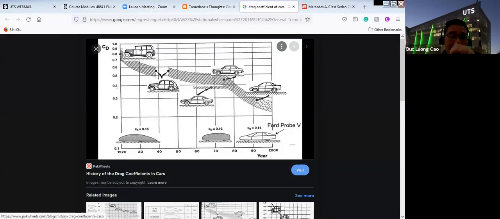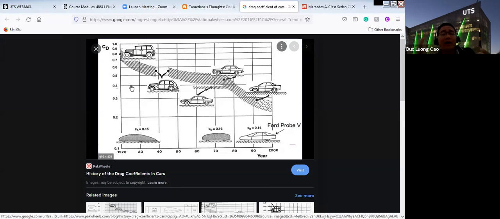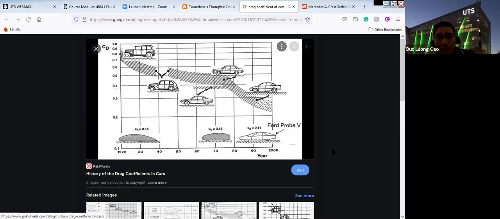Here, I can show you the history of the drag coefficient in cars. In 1920, the drag coefficient was very high, approximately 0.8. A higher CD means the drag force is higher, which means maybe you need more fuel. Now the drag coefficient is only around 0.3, 0.4, but some are only from 0.1 to 0.2.